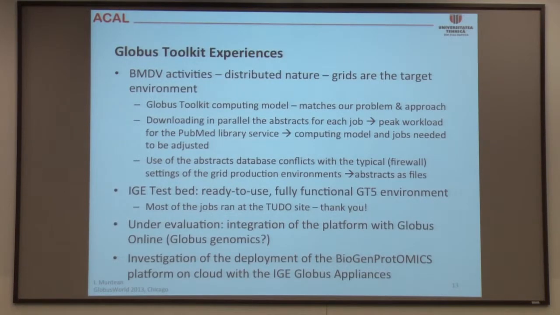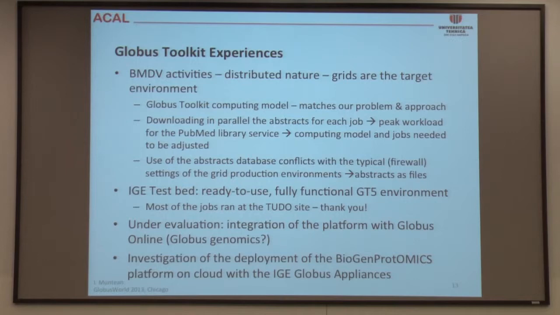All right, so what experience did they have? First of all, because of the very distributed and parallel processing nature of this task, grids are the right target environment to do so. And of course, the Globus Toolkit, because it's very powerful in this regard. They had some specific problems.